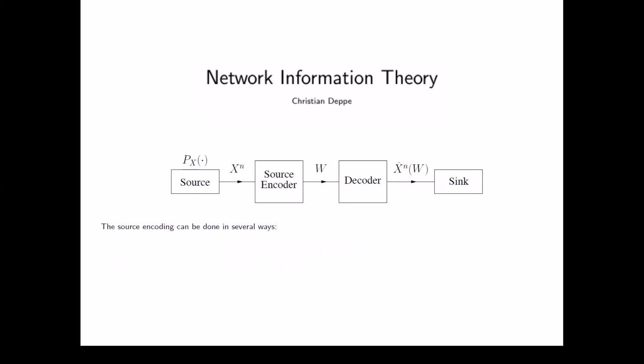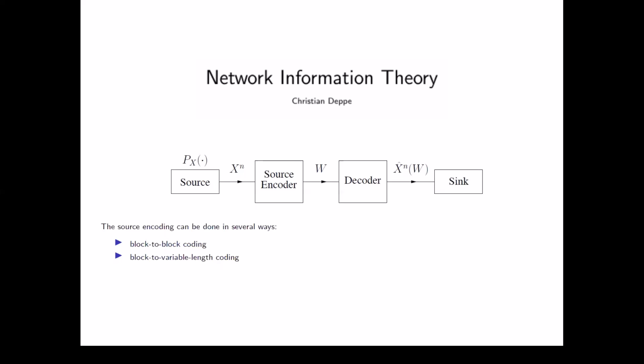So we can do the source encoding in several ways. The first thing is we can assume that we receive a block of words from the source and encode it into a block. So W is also represented by a block, or we will have a block again of the source, and the source encoder puts out some variable length codes.